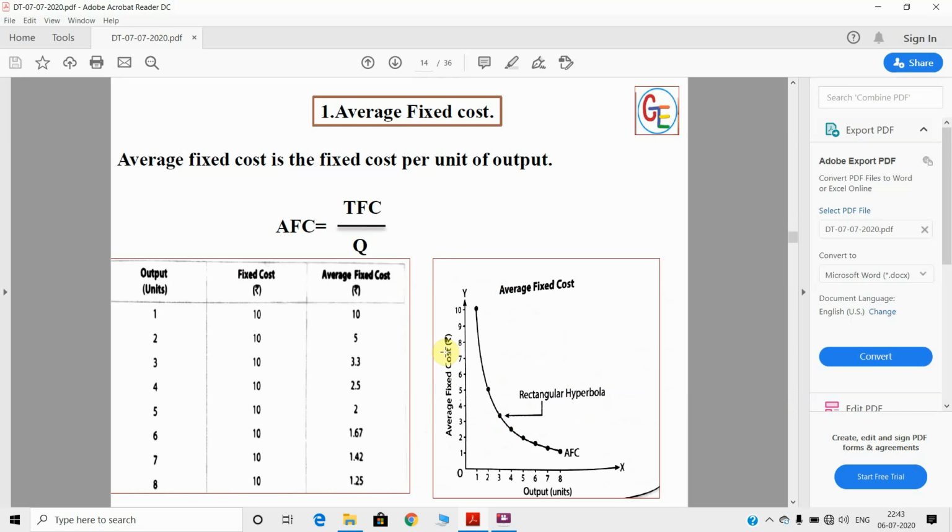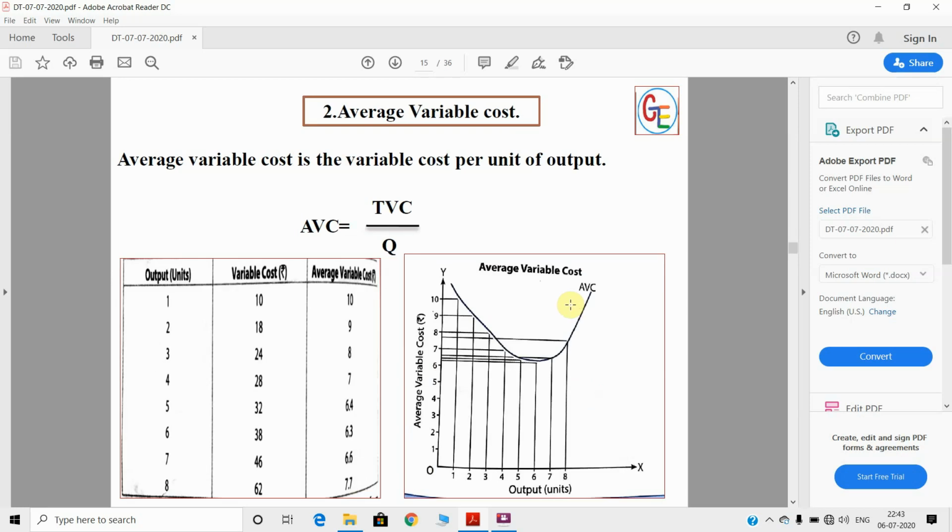Next come to the average fixed cost. Average fixed cost is equal to TFC by Q, the fixed cost per unit of output. So it takes the shape of a rectangular hyperbola. That is also an important point, right?